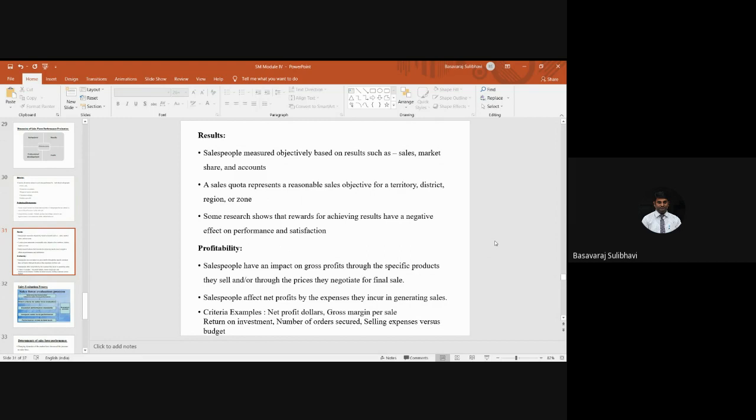Some research shows that rewards for achieving results have a negative effect on performance and also satisfaction. Sometimes it depends.